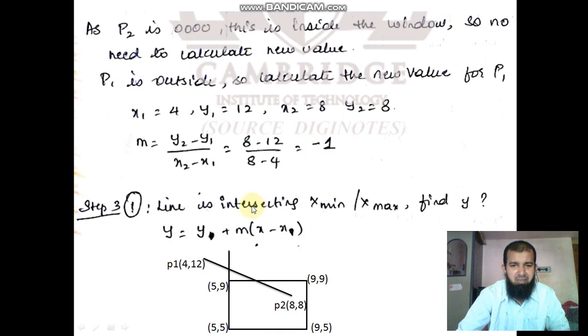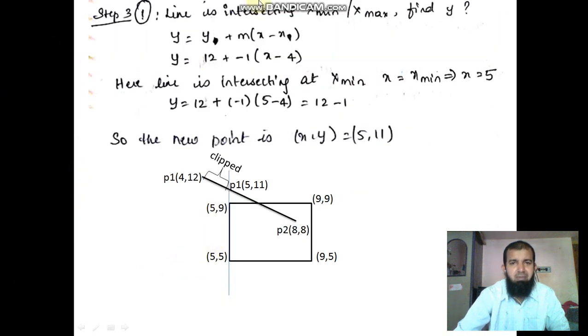M is minus 1, y1 is 12, and x1 is 4. So y is equal to 12 plus minus 1 into x minus 4.